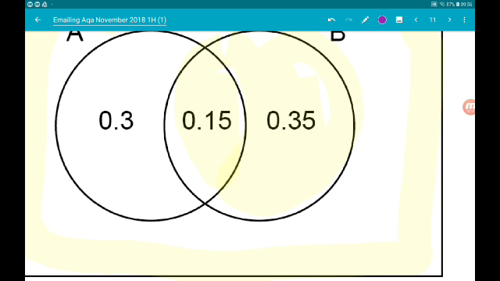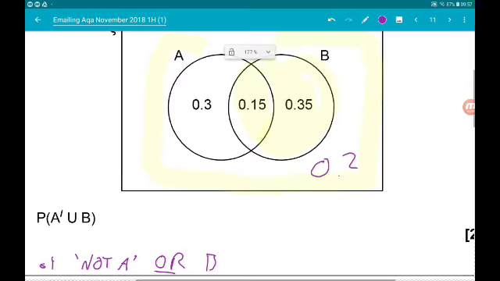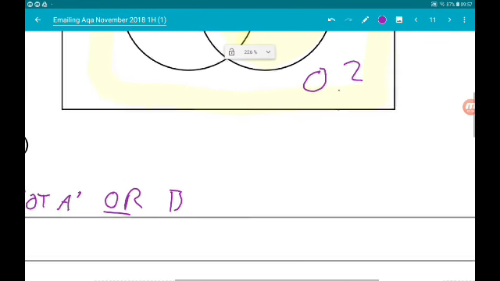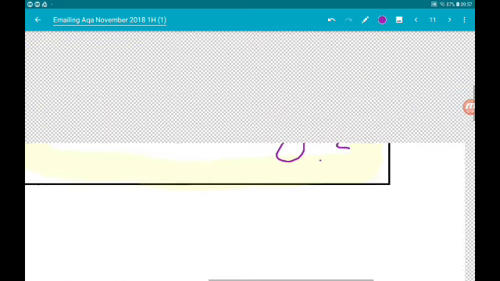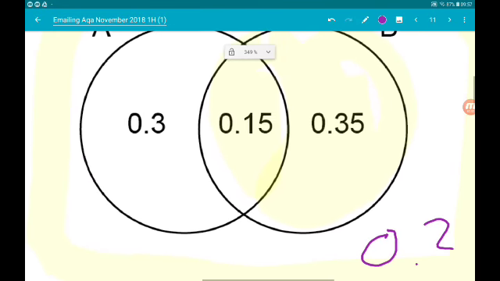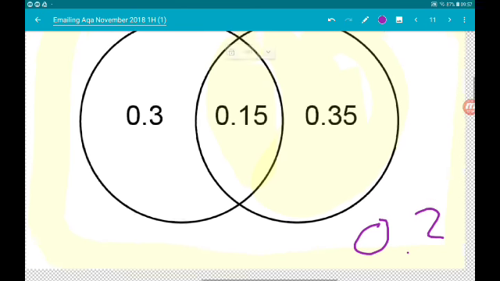So the probability in the rectangle has to be 0.2. So then our probability is, to be fair, actually we could have just done 1 minus 0.3.